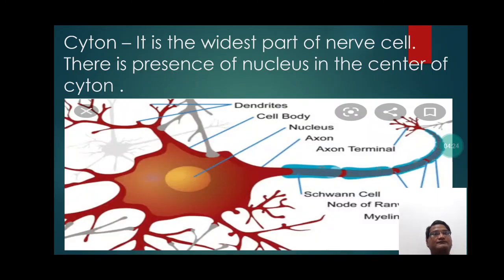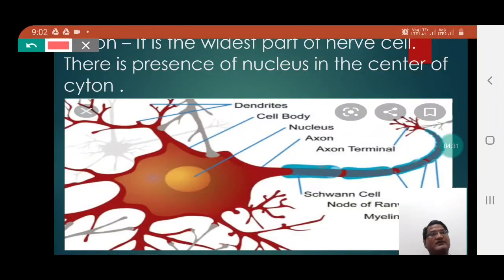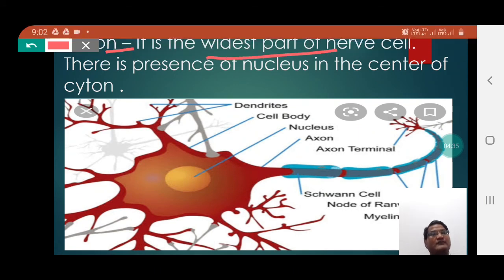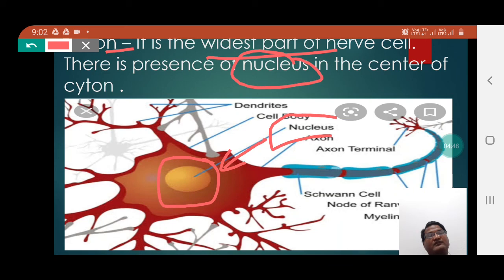Cyton. It is the widest part of nerve cell. Students, as we have discussed earlier also, cyton is the widest part of nerve cell. There is presence of nucleus in the center of cyton, which you can see also here.